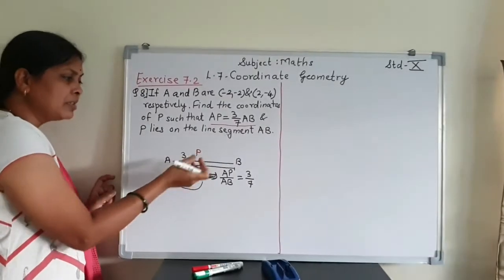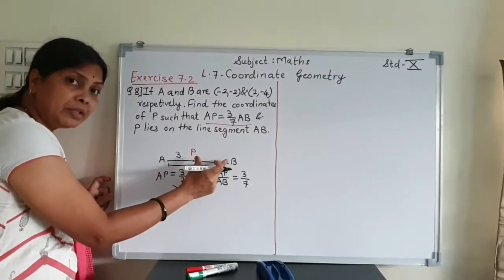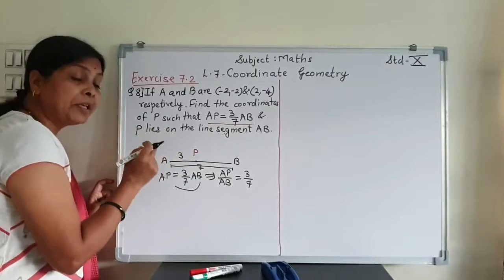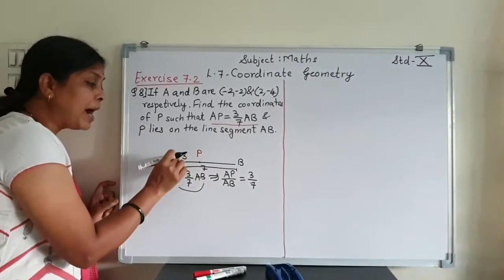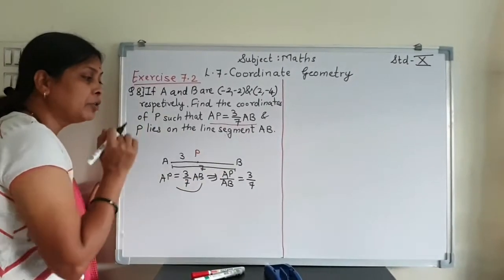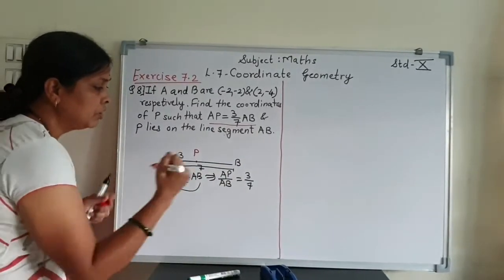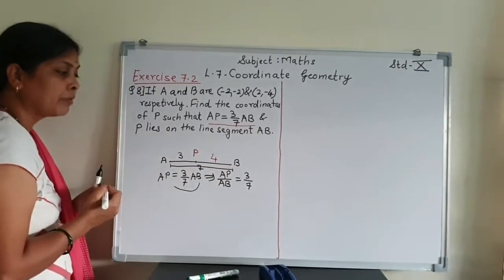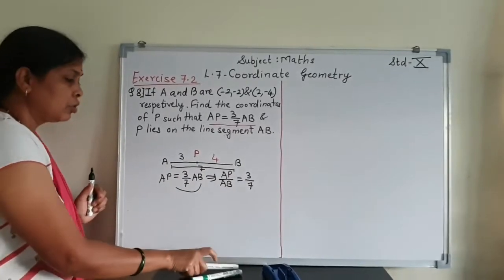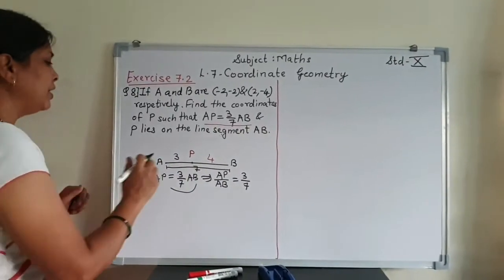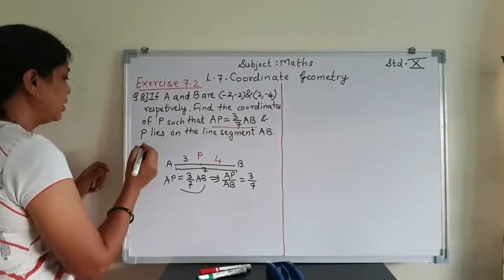From this, can you find PB? So we can find PB, that 7 minus 3 is equal to PB. So PB is equal to 4. Right? So now let's represent it in the statement form.